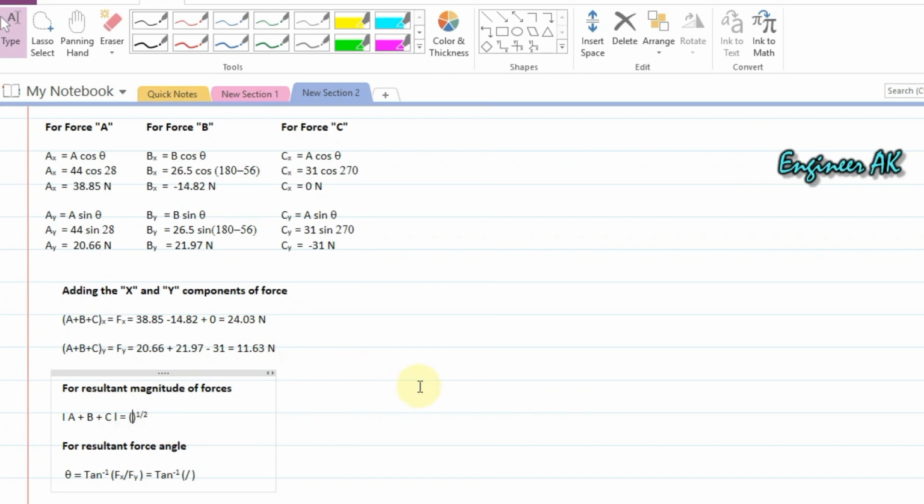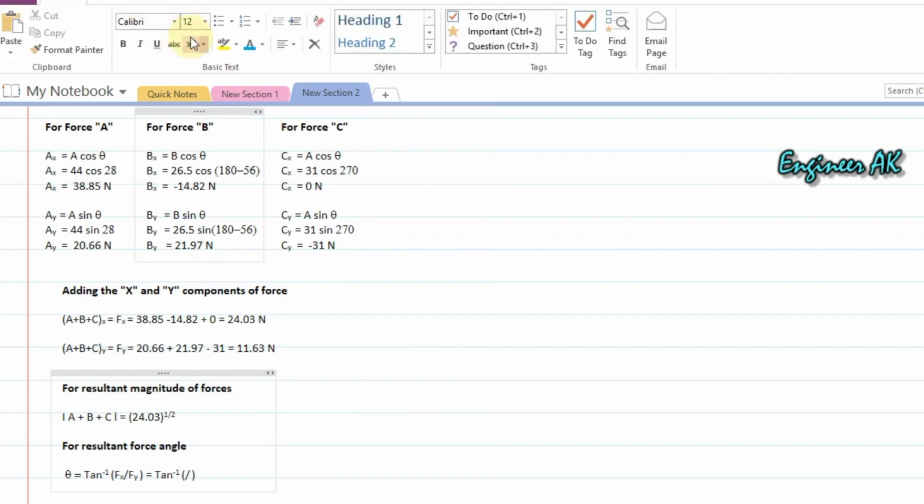So 24.03, and I have to take the square of it, and then plus 11.63 whole square, right? So it will give us the magnitude of the resultant.